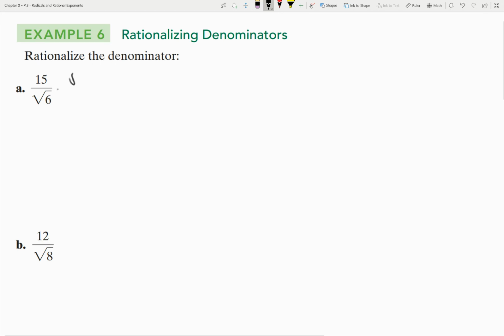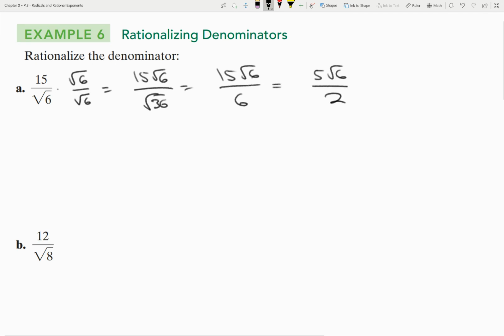I'm going to multiply the top and the bottom by the square root of 6 to give me 15 square root 6 over the square root of 36, which is 15 square root 6 over 6. Now, from here, you could simplify. 15 over 6 can reduce to 5 over 2. And that would be my final answer.